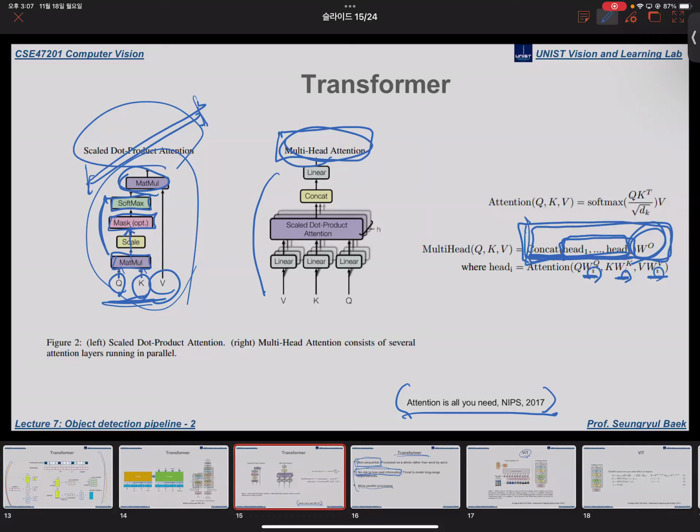Okay, so this is very simple, right? We will apply multiple times to get multiple attention outputs, and we will concatenate them and apply one linear layer to merge them into a fixed-dimensional vector. And this is our final output in the multi-head attention.